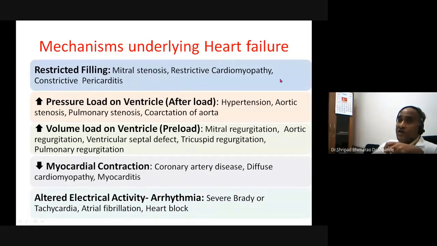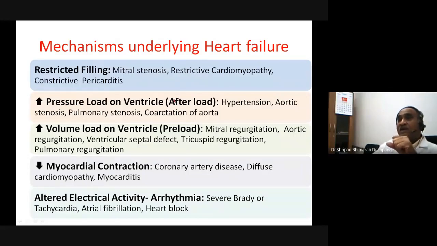Or restrictive cardiomyopathy, where the heart is not able to contract effectively. Or constrictive pericarditis, where there is effusion and pressure that does not allow the heart to fill. So constrictive pericarditis makes the filling improper.